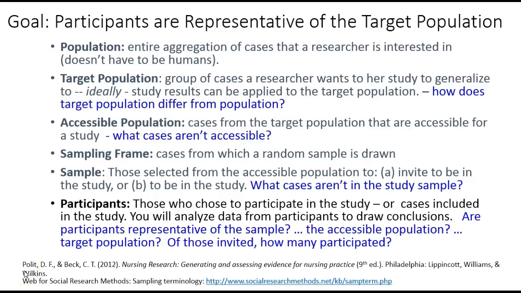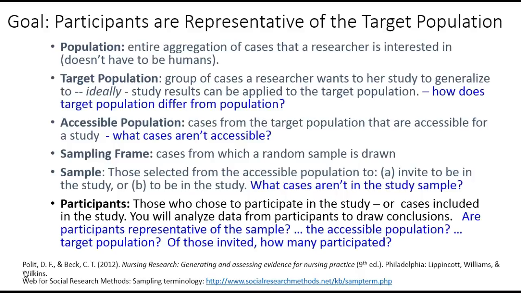And these sampling methods generate then your participants. So your participants are those people who are in your study, and your data pertains to those participants. And it's important to think about the degree to which those participants are representative of that accessible population.